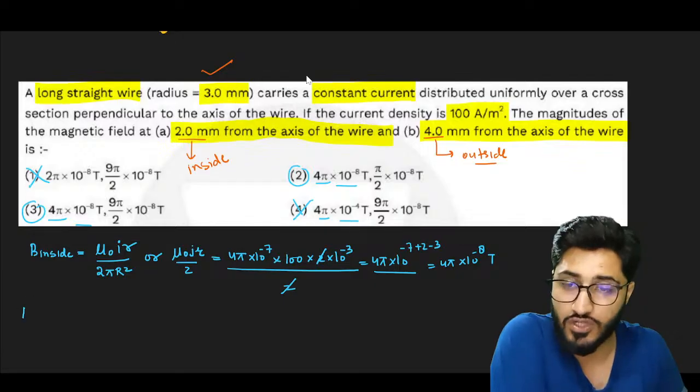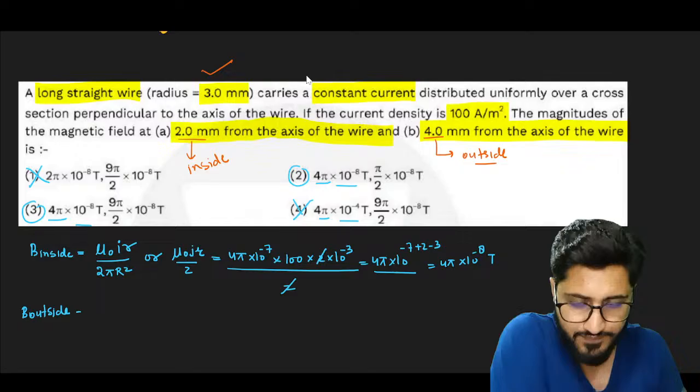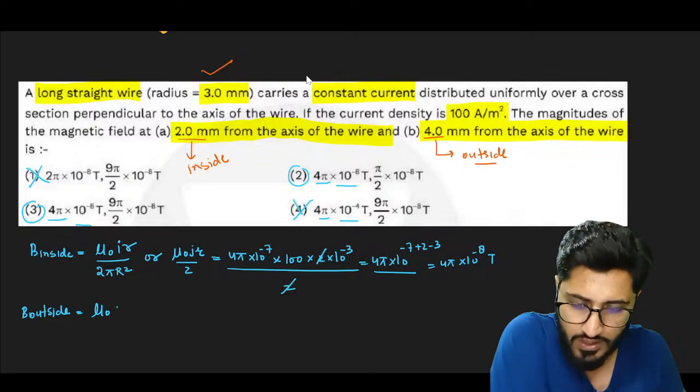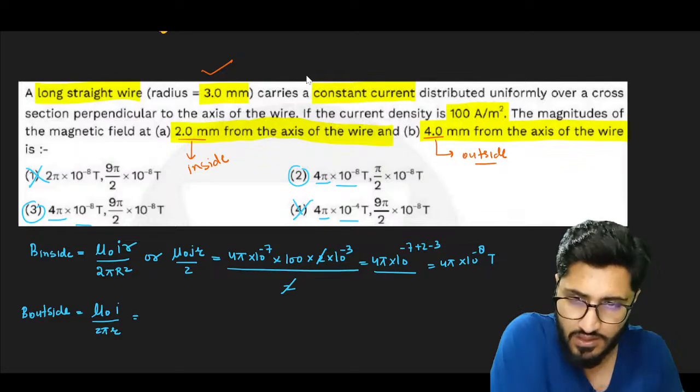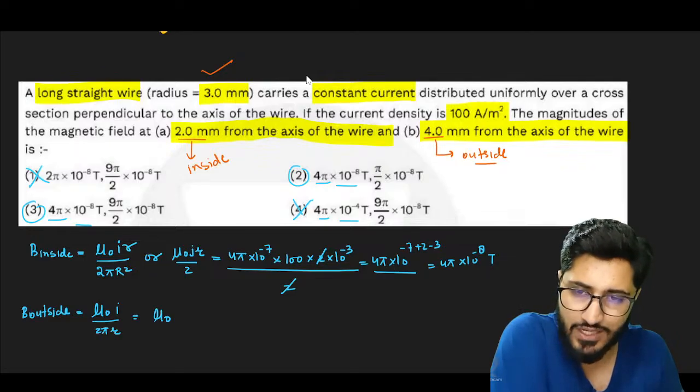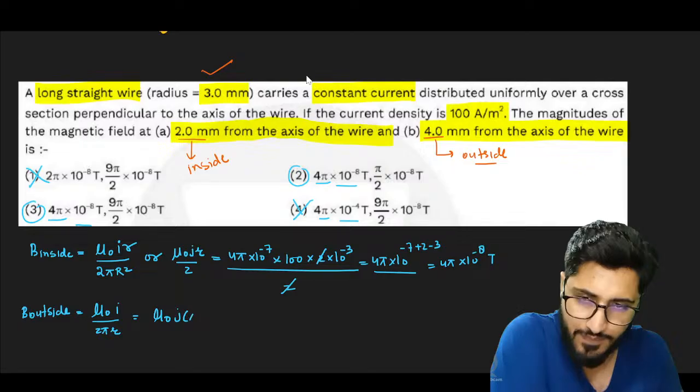Now outside. What is the outside formula? Mu naught I by 2 pi r. What is I? I is J into A. What is A? A is pi r squared, whole divided by 2 pi r.